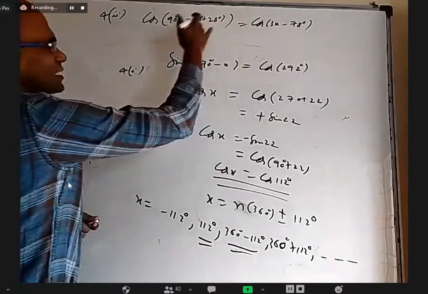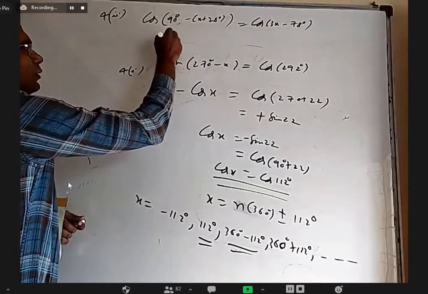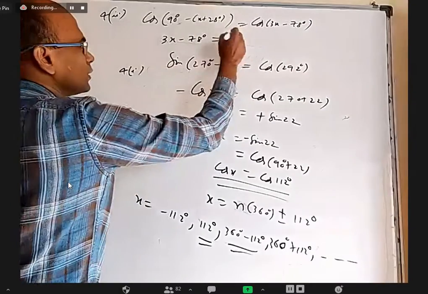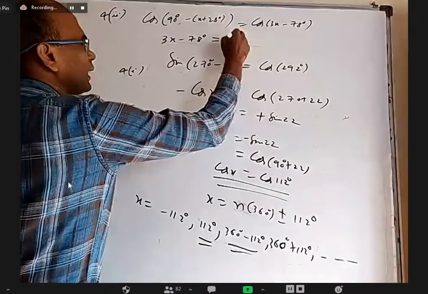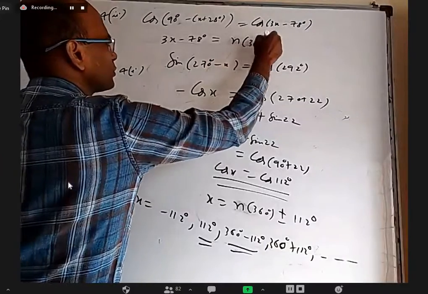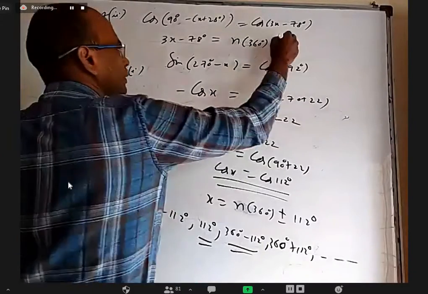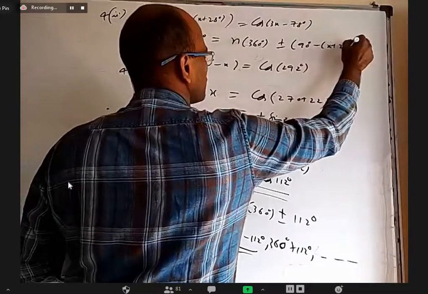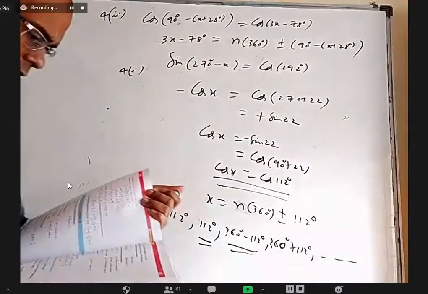You can take this as x, this is alpha, doesn't matter. I want to take first 3x minus 78, take this equal to n times 360 plus or minus 90 minus x plus 28.